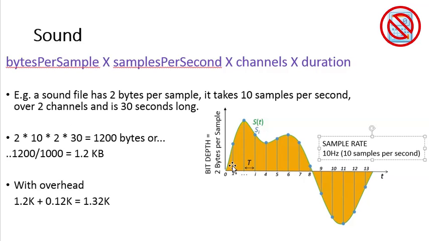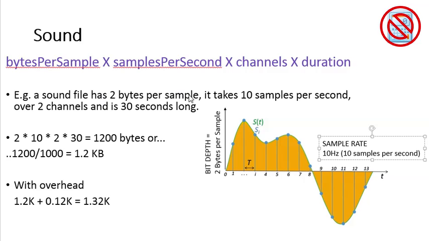Furthermore, you need to know how many bytes are being used to represent the height of each of those samples, and this is called the bit depth. The calculation formula is therefore bytes per sample times samples per second times the number of channels times the duration.